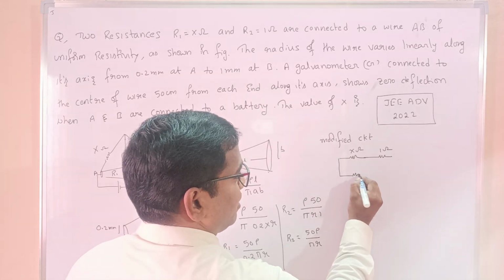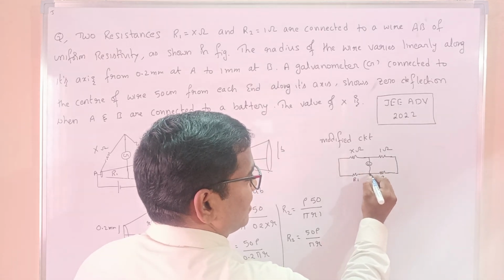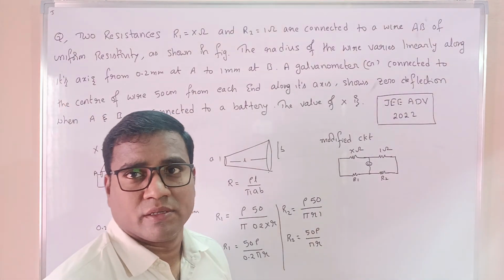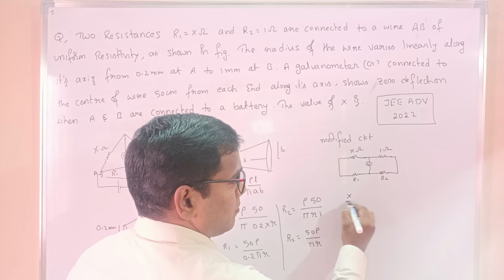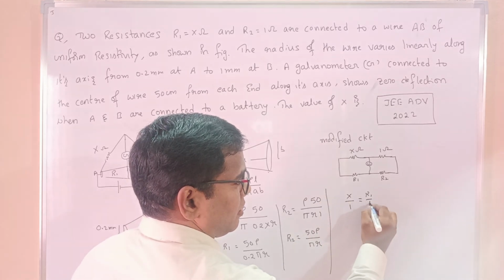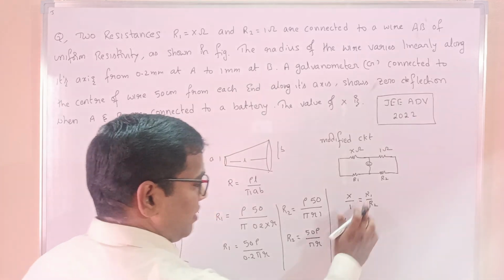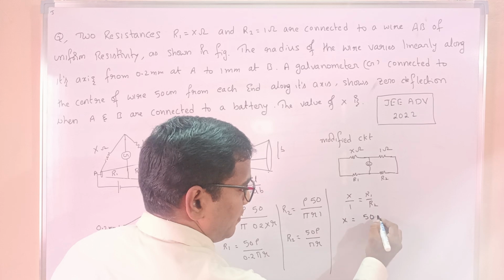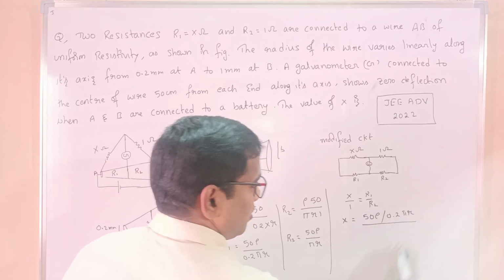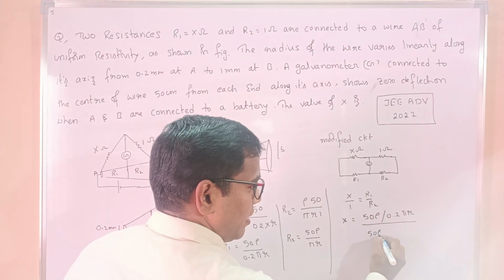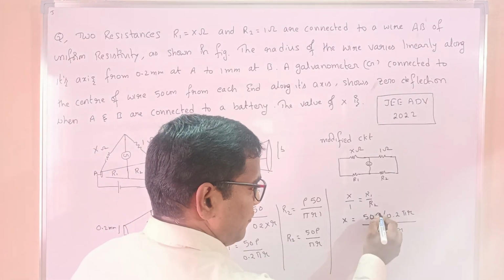Again the galvanometer bridge is exactly balanced, so it is a balanced Wheatstone bridge, and P by Q is equal to R by S. So X by 1 is equal to R1 by R2, which is 50 rho by 0.2 pi R upon 50 rho by pi R. Now we can cancel easily: 50 rho, pi and R get cancelled.